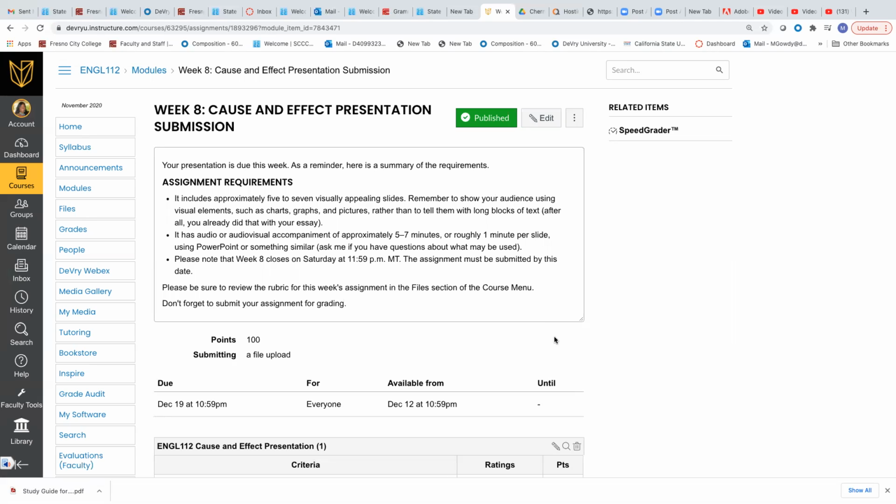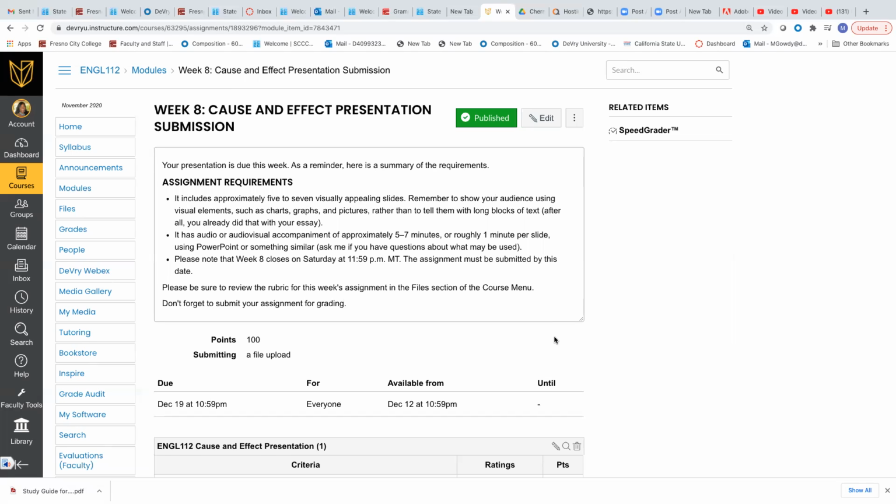If it has audio or audio visual components, you need approximately 5 to 7 minutes. So it can be either audio or audio video. It doesn't matter. And you need roughly 1 minute per slide using PowerPoint or something similar.